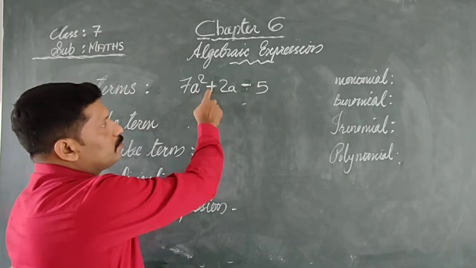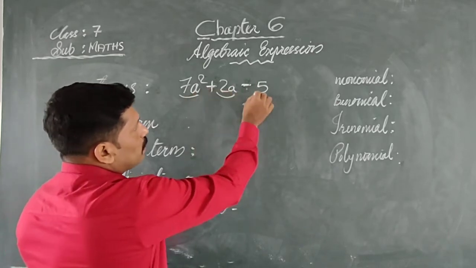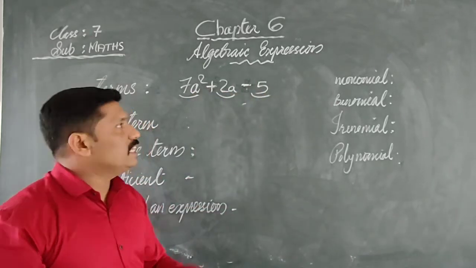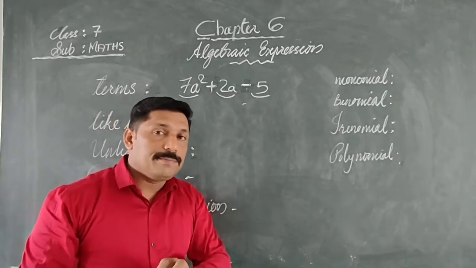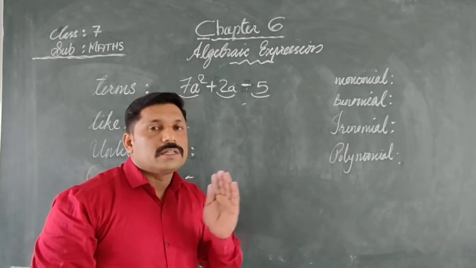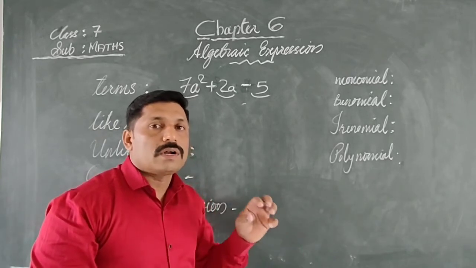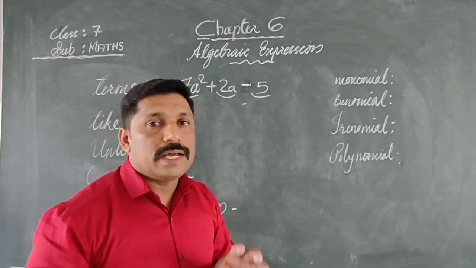So here one part, here one part and here one part. Each part is called a term of an expression.